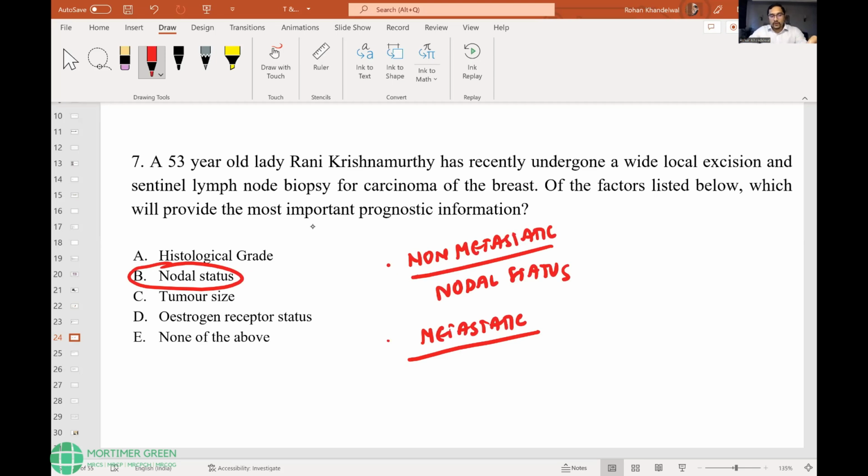Yes, what is the most important prognostic factor if it is metastatic? That is correct. Absolutely correct. So then it is the ER and the PR, the estrogen and the progesterone receptor status is the most important prognostic factor in those patients. So that's absolutely right. That's correct.